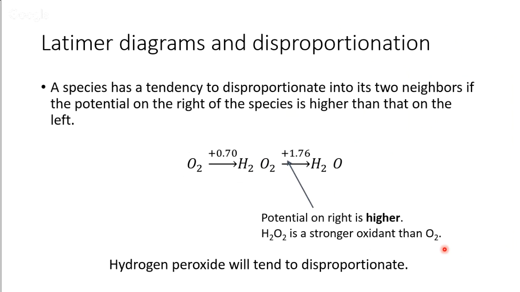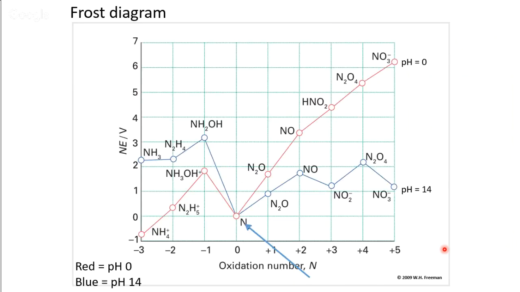All right, so lastly, we're going to look at Frost diagrams, which are a little bit different, a little bit more modern than Latimer diagrams. A Frost diagram takes a lot of the information from a Latimer diagram and combines it into a different visual form. Shown on this diagram are two different cases. The red line is a pH of 0, or the acid case.